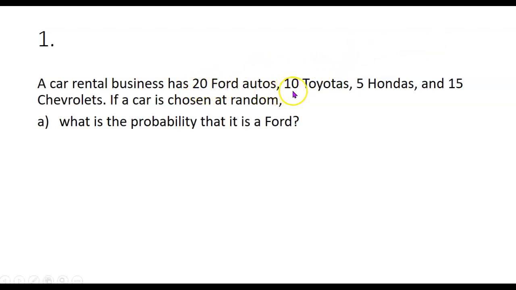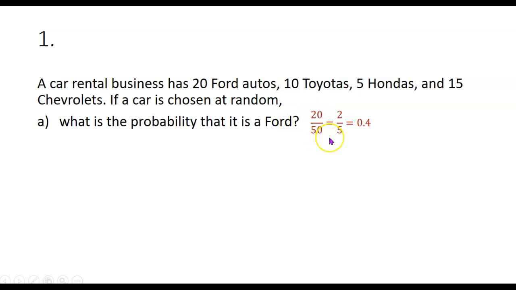Now, if you add up all of these cars, 20 plus 10 plus 5 plus 15 is 50. So there are 50 cars in all. So the probability that if you pick one of those 50 cars at random, that you get one of the 20 Fords is 20 over 50.